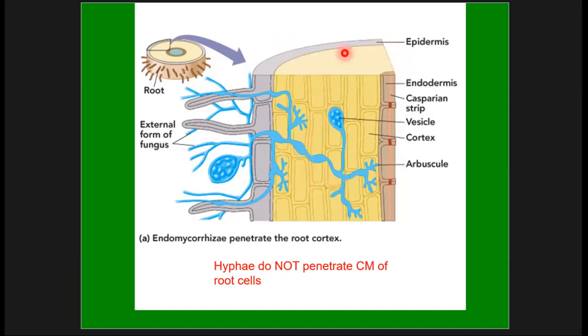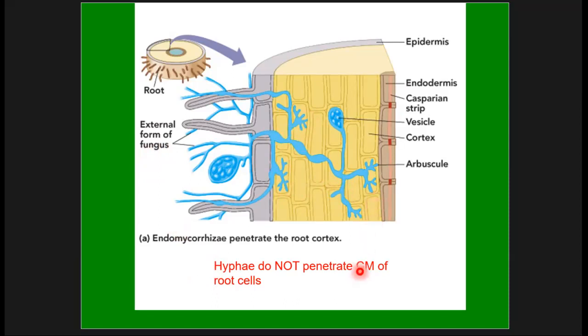Now, the way the artist drew this, it looks like the fungus is floating around inside the roots. That is not the case, however. The fungal hyphae do not penetrate the cell membranes of the root cells. That's really an important concept I want you to remember, because so many drawings and the way people state things in writing make it sound like the fungus has totally invaded the root cells, and that's not the case.